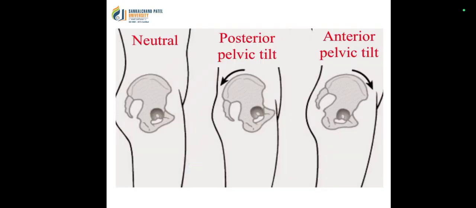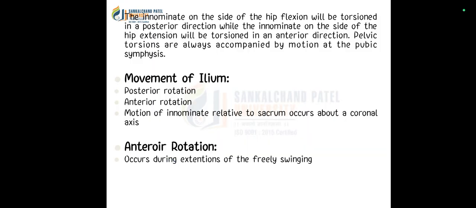First one is neutral, second one is posterior pelvic tilt, and third one is anterior pelvic tilt. The innominate on the side of the hip flexion will torsion in a posterior direction, while the innominate on the side of the hip extension will torsion in an anterior direction. Pelvic torsions are always accompanied by motion at the pubic symphysis.